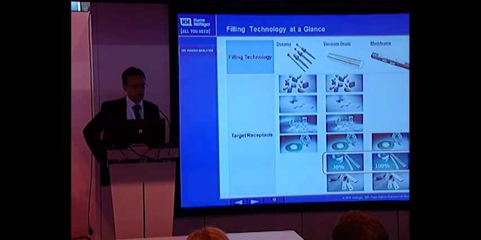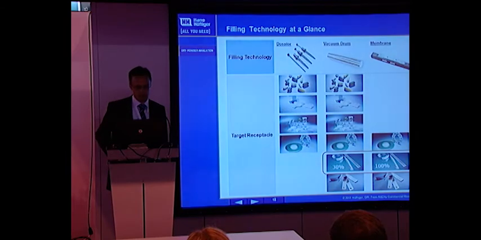So for the filling technology, Harro Höfliger has different filling technologies available. Dosator and the vacuum drum technology are rather well known. The membrane technology is very new, and it has been invented by Harro Höfliger really to enter into the generic market and to provide the technology which allows you to 100% fill a blister cavity.